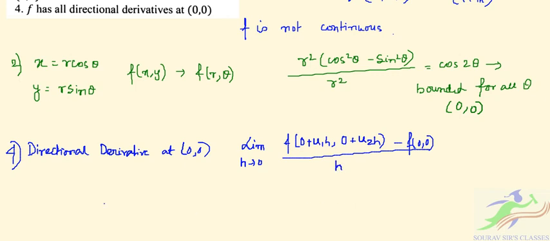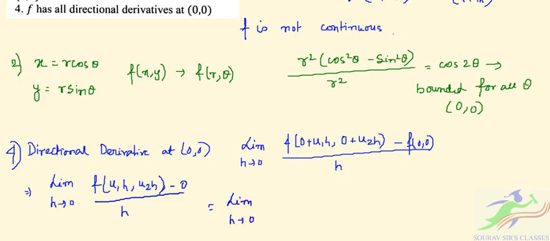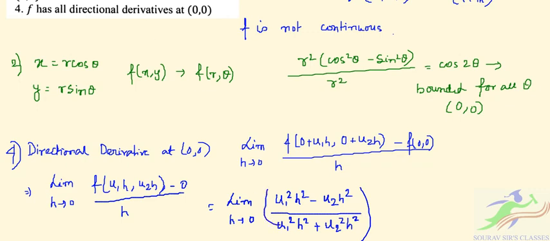We can also write it as the limit of f(u1h, u2h) minus 0, over h. Putting it in, it is (u1²h² − u2²h²) over (u1²h² + u2²h²), whole divided by h.